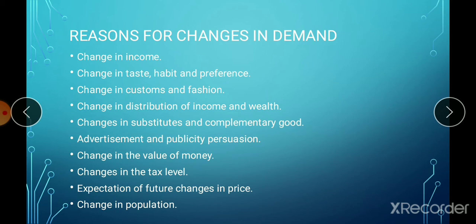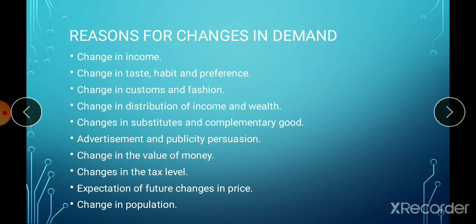And changes in the value of money. When there is an inflationary or deflationary tendency developing in the general price level, consequently the value of money changes. Whether there is inflationary tendency or deflationary tendency, the value of money changes, and there may be changes in the relative prices of different goods.